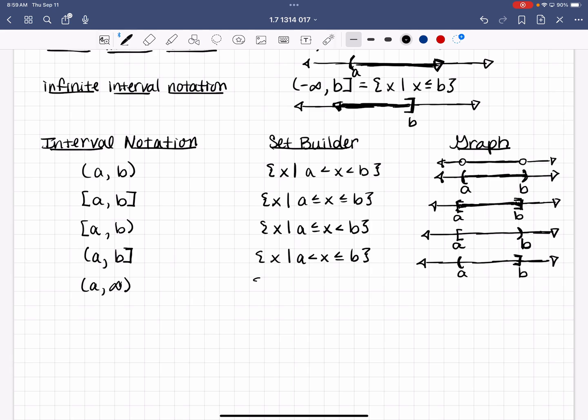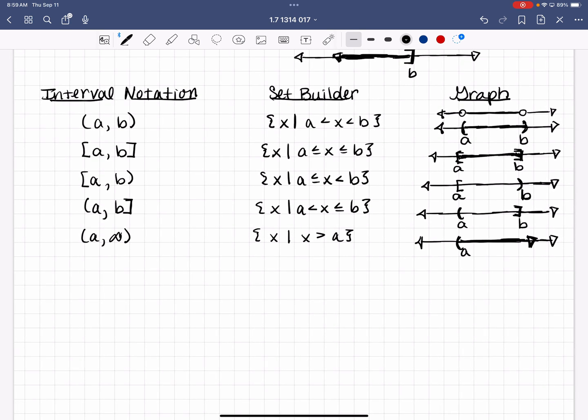It's always open. And since we start at A and we're going to a positive infinity, this is X such that X is greater than A, but it's not equal to. So we've got a parenthesis at A, so it doesn't actually equal the number, and it is going to a positive infinity.